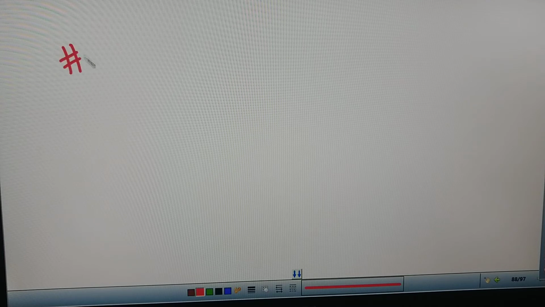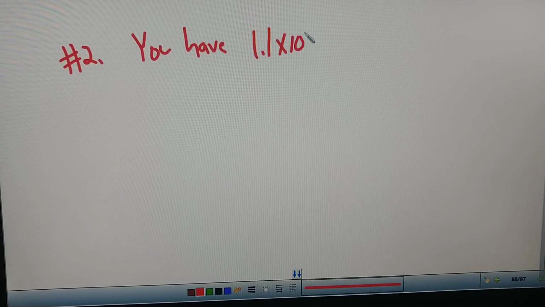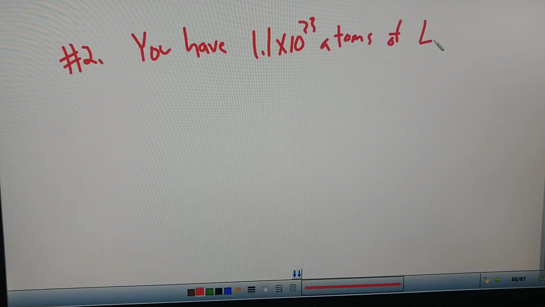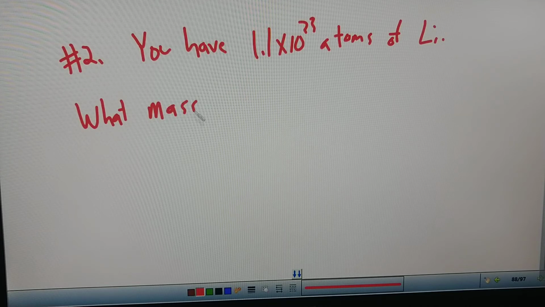Number two. You have 1.1 times 10 to the 23rd atoms of lithium. What mass would this have?